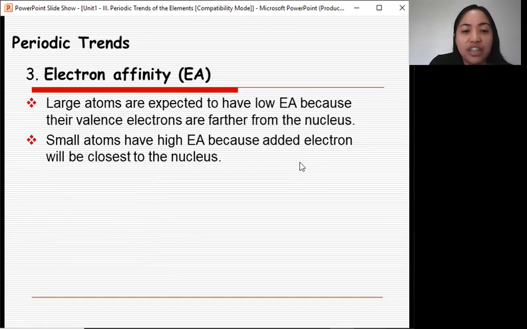Large atoms are expected to have low electron affinity because their valence electrons are farther from the nucleus, and small atoms have high electron affinity because the added electron will be closest to the nucleus.